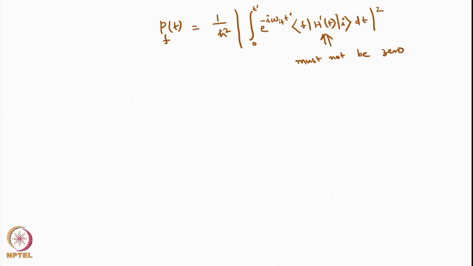So, you can now quickly realize the fact that this integral governs the selection rules. Because whether it is going to be 0 or non-zero in spectroscopy means the selection rules.